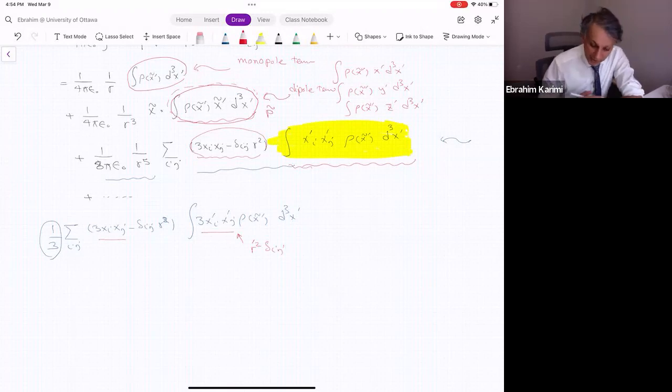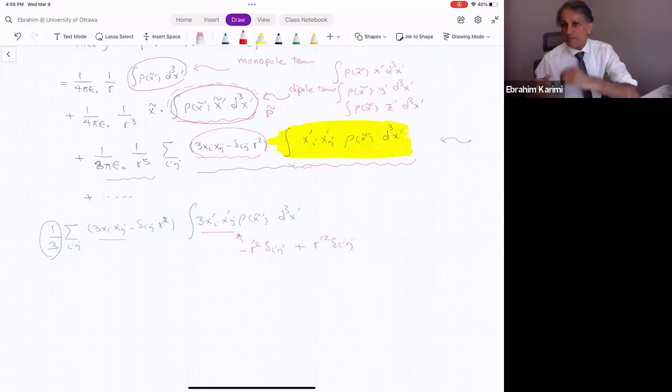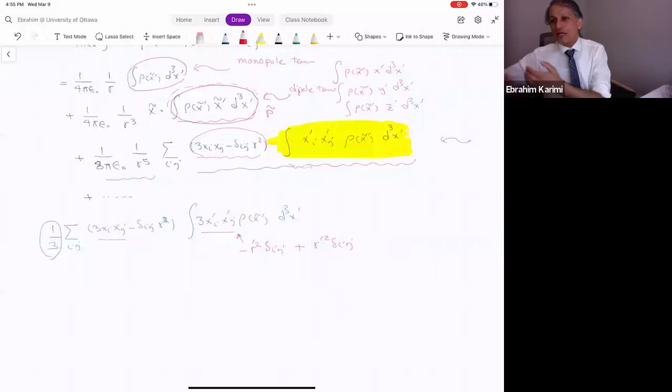When I subtract these, 3x prime i x prime j minus r prime squared delta_ij, I have to add another term, which is r prime squared delta_ij. I'm manipulating it in such a way that it will be identical, but I end up with an additional term, r prime squared delta_ij.